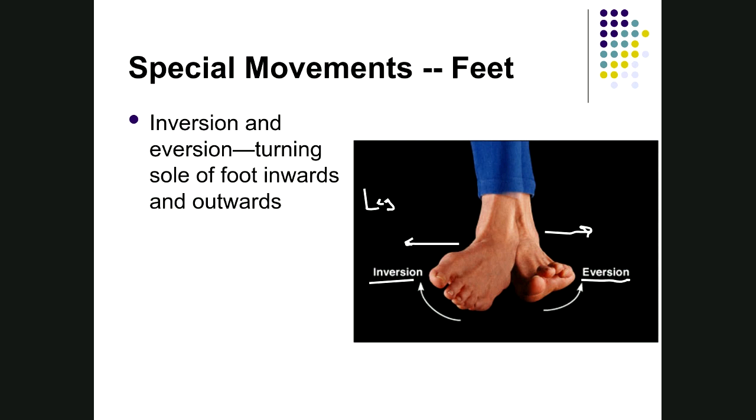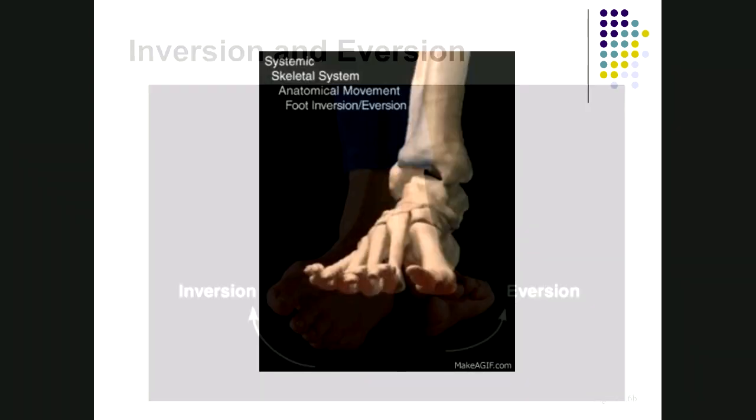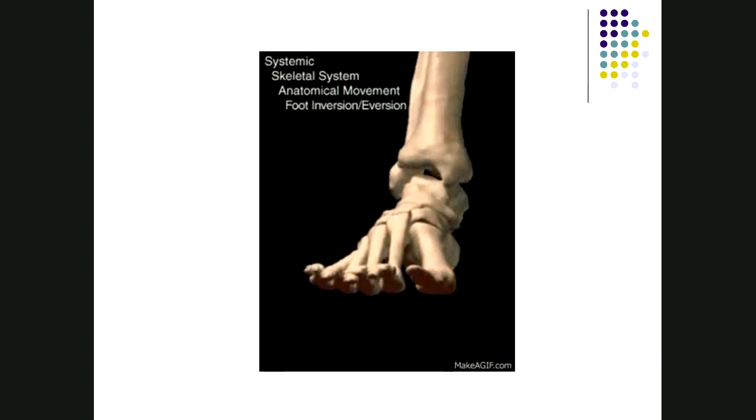So instead of saying supination and pronation, we say inversion and eversion. So inversion, you turn your foot inwards. Eversion, you turn your foot outwards. This is a GIF that shows that, but remember, Collaborate won't do that.